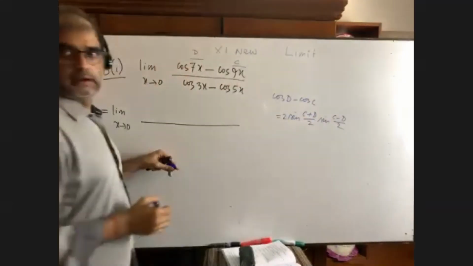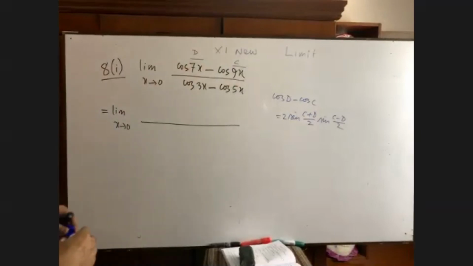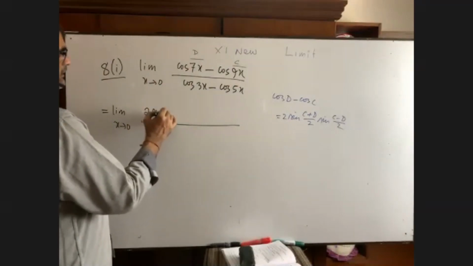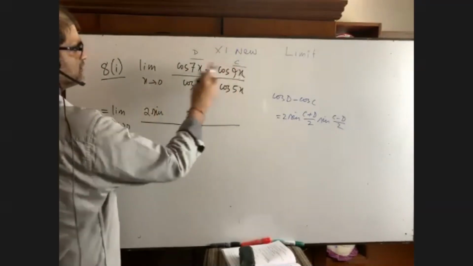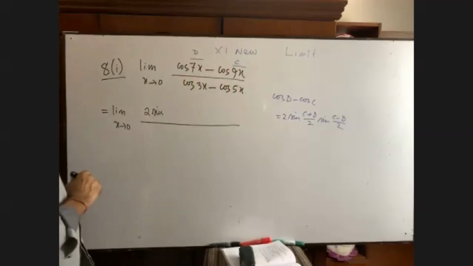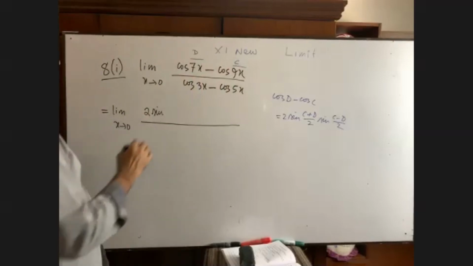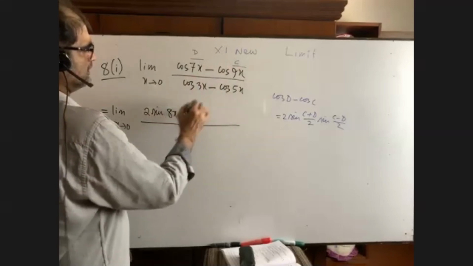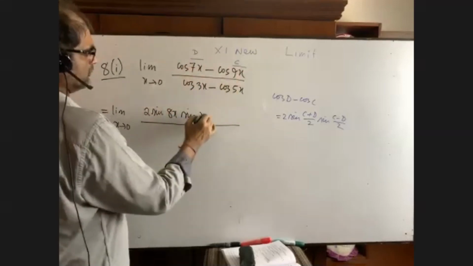Okay. 2 sine c plus d by 2 sine c minus d by 2. So we can write down here 2 sine, c plus d, 9x plus 7x equals to what? 16x by 2, that is 8x. Then sine 9 minus 7, 2, only x.